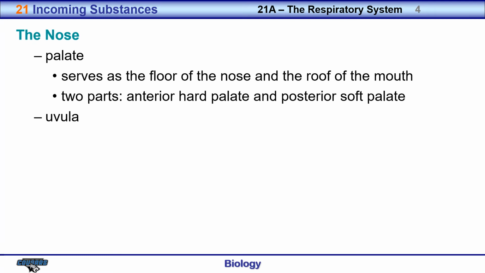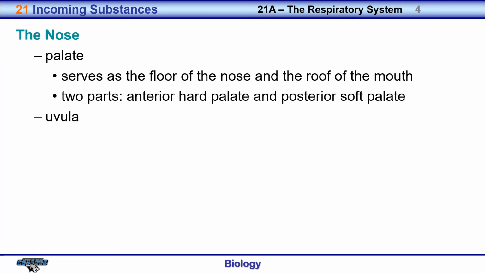But in some babies, that doesn't close up completely while they're developing inside the womb, and this produces a cleft palate. You've probably heard that term. So there's an opening between the nose and the mouth, and often it has to be closed up through surgery.